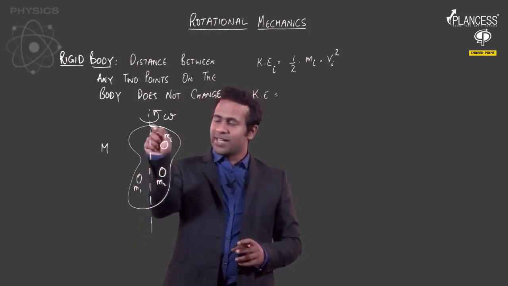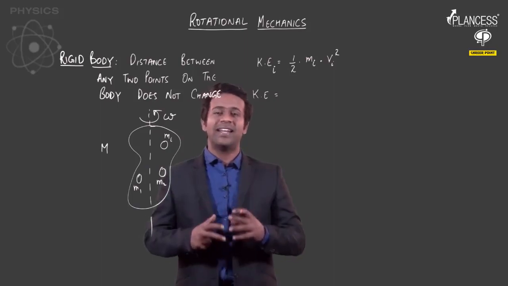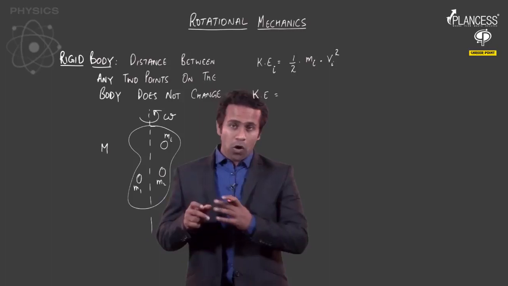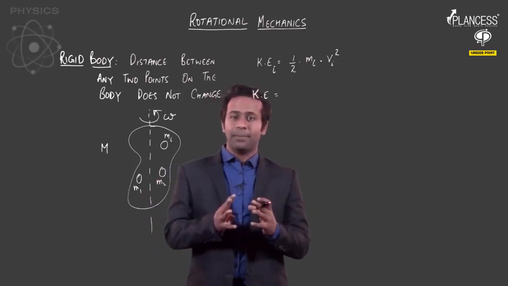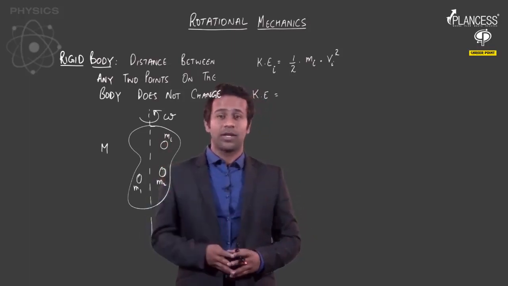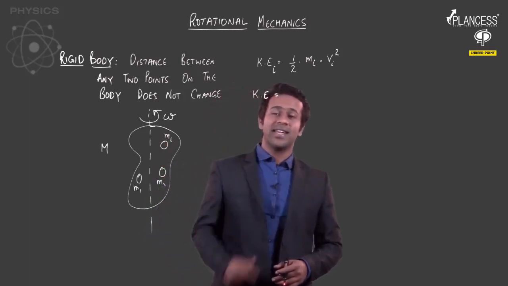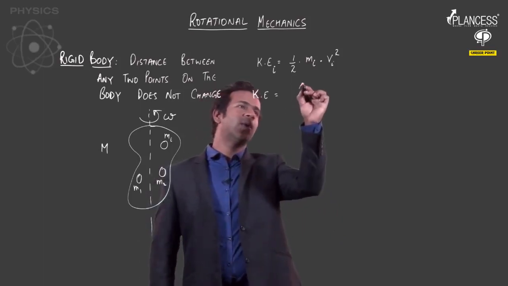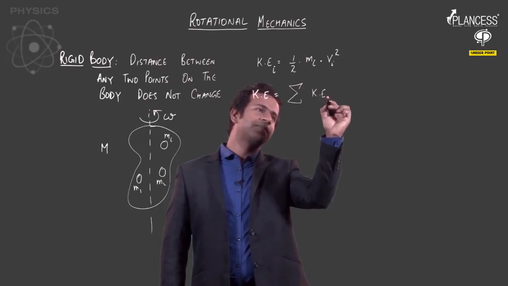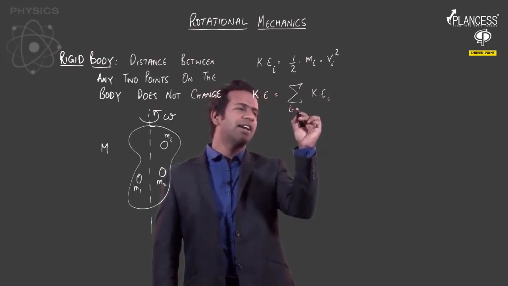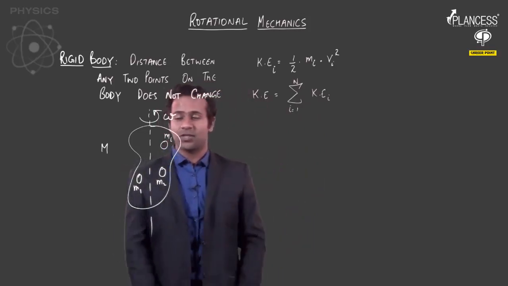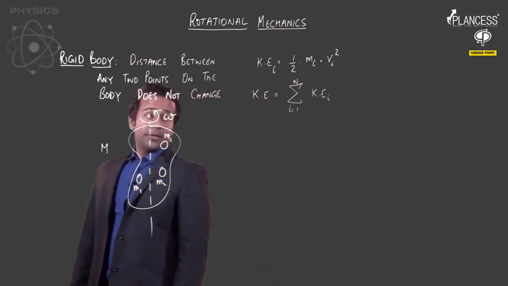So if this single rigid body is made up of 10 smaller bodies, then if you find kinetic energy of all of these 10 bodies and add them up, then you get the total kinetic energy for this rigid body, right? So same is the case here. The total kinetic energy would be the summation of all these kinetic energies, where this index varies from 1 to n, right? If you have n such bodies, right?